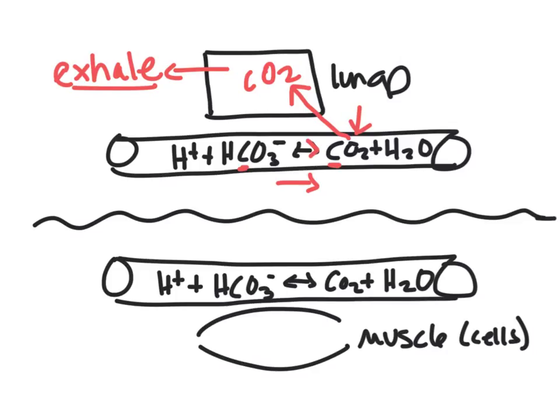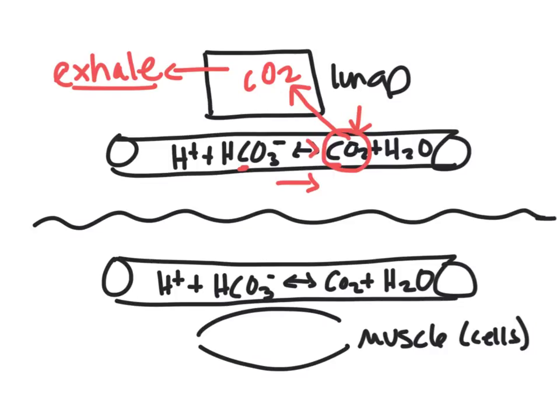So as the blood goes through the lungs, we lose CO2, which disrupts the equilibrium, and in order to regain equilibrium, this reaction shifts to the right. When all of this diffusion is done, equilibrium is regained.